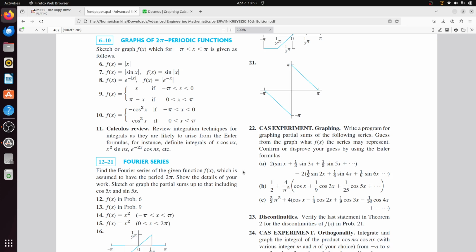We know the formula to determine the an. Okay, just give me a minute.